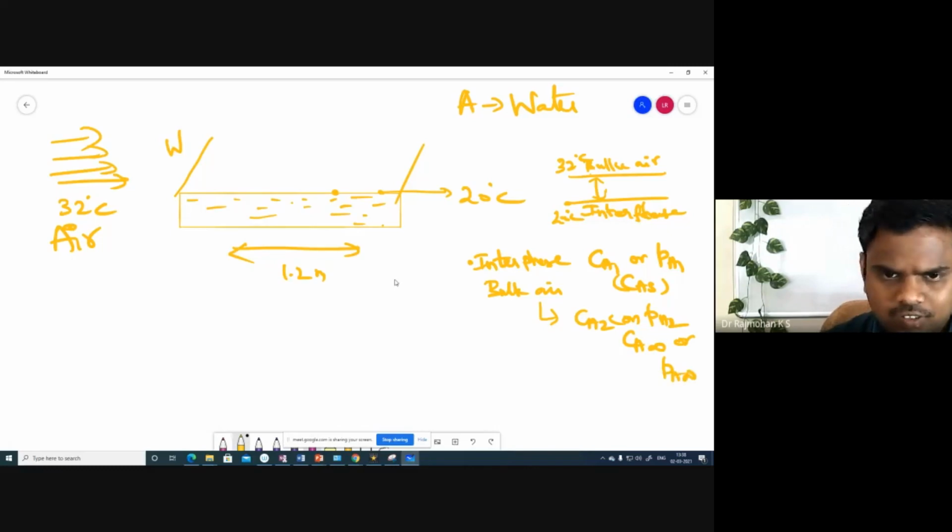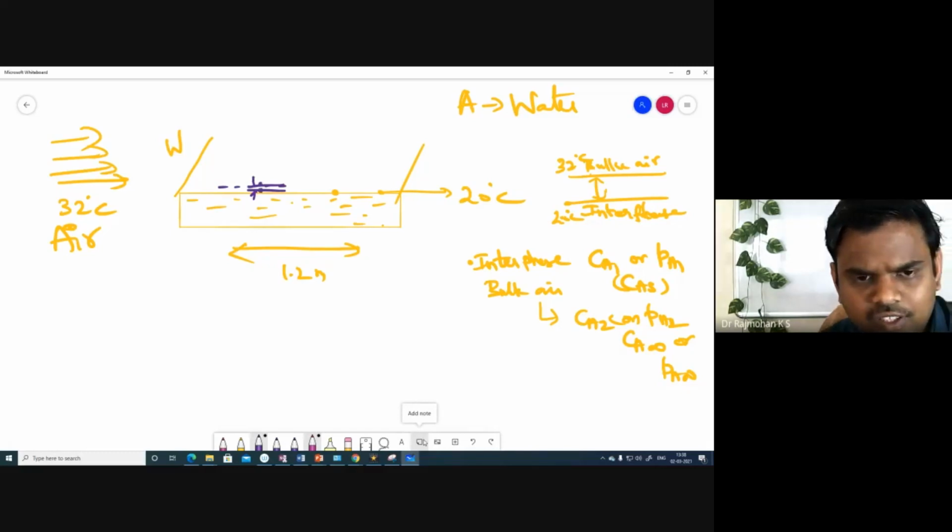All these fashions you can mention. Essentially we are assuming a thin film of a certain thickness, with one end having this and the other end having that.